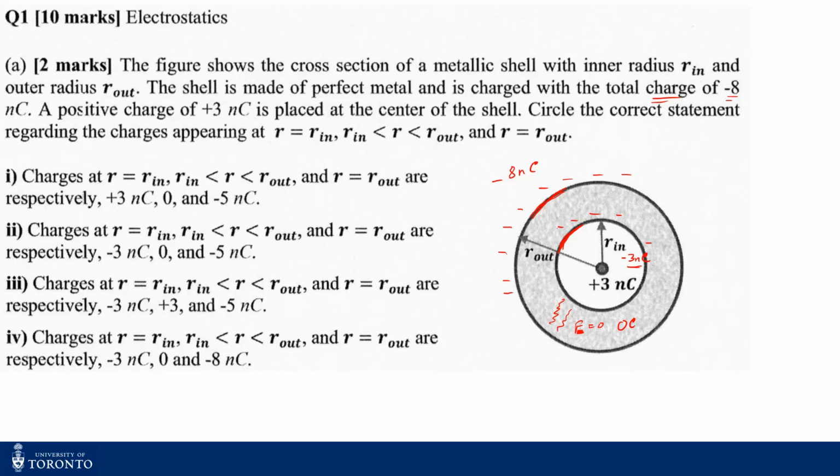Therefore, this will also induce a positive 3 nanocoulomb charge on the outer surface. So therefore, on the outer surface, we will have a net of minus 5 nanocoulomb. So therefore, our answer will be option number 2.